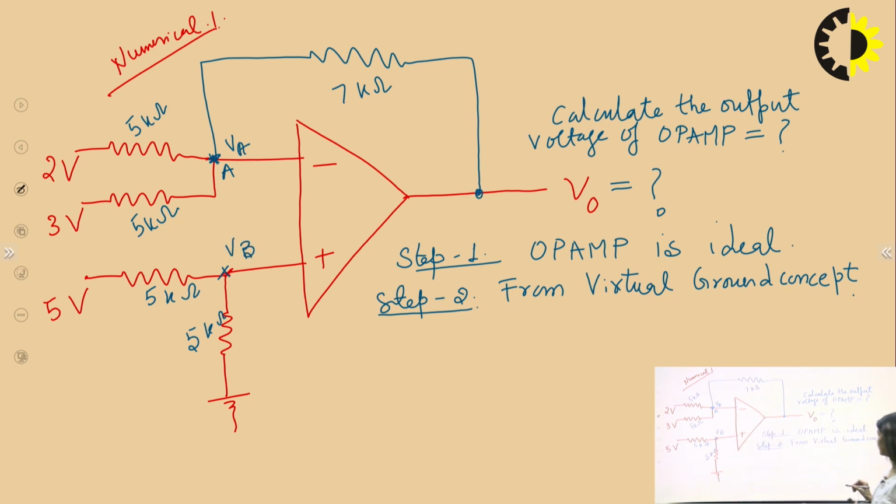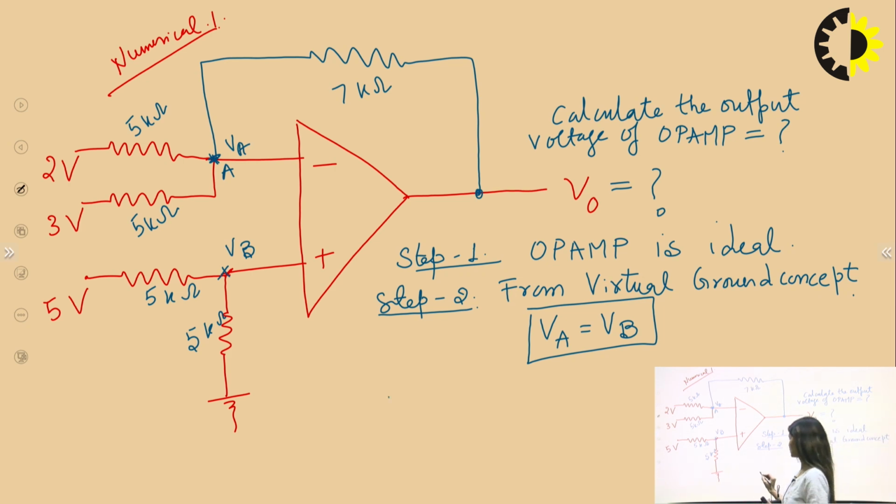Then you will write VA is equal to VB, right? Then you will go for step 3.